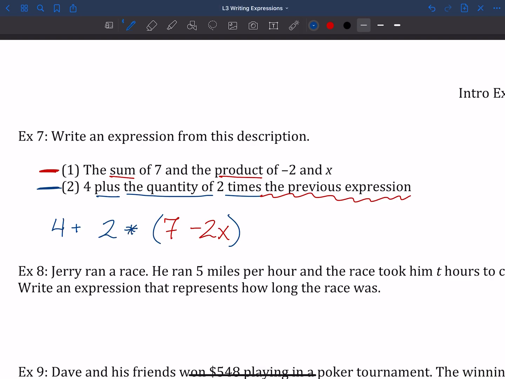If we wanted to be really safe, since it says the quantity of 2 times that, we could put it in more parentheses like this. But in this case, we don't actually need them. Our order of operations is going to tell us to take care of this chunk all at once anyway, so putting it in a big group like that doesn't really mean anything.